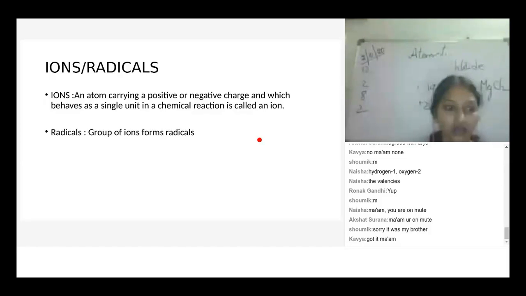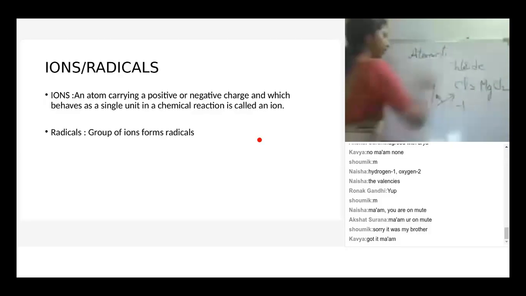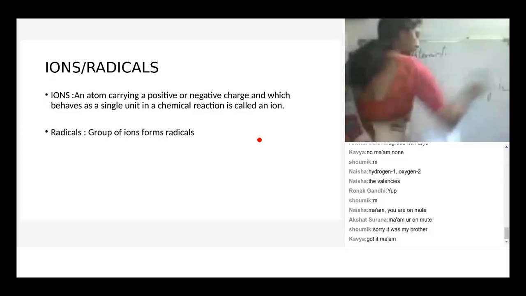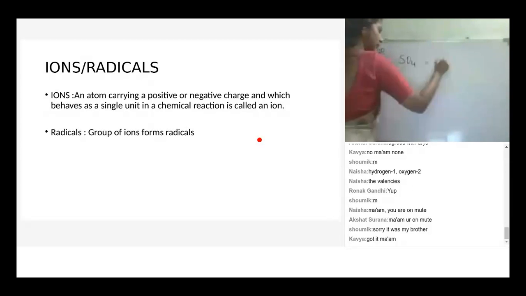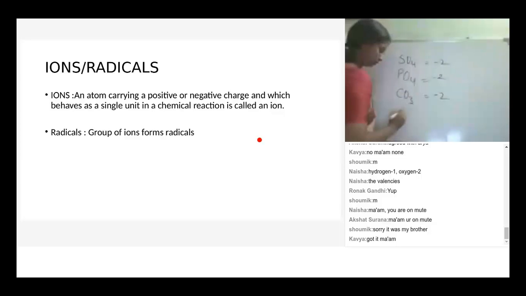Understood? A few more examples of radicals: SO4 minus 2, PO4 minus 2, CO3 minus 2.